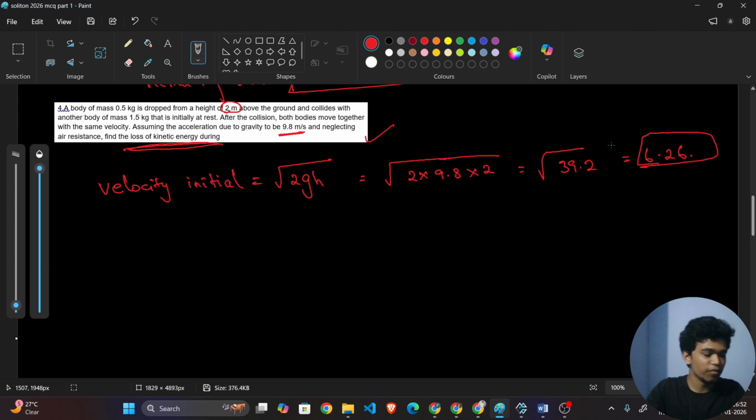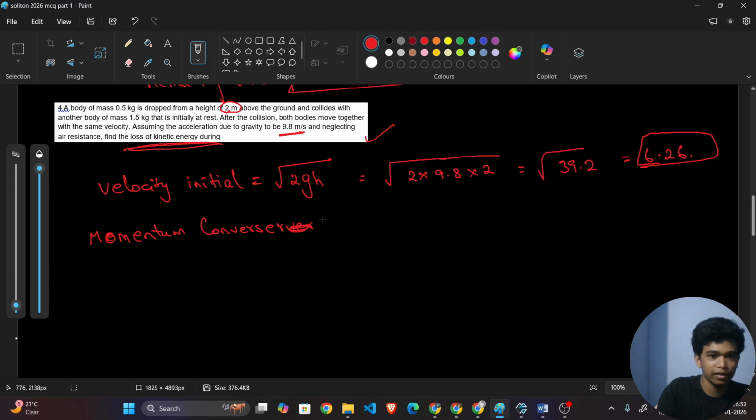Now we are going to find the final velocity. How? By using momentum conservation.